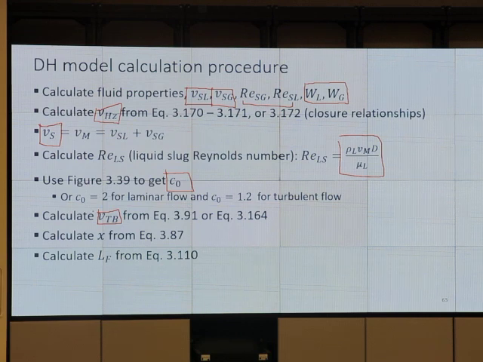Do you still remember how we get V_TB? C0 times V_m plus drift velocity. Then we calculate X. X is what? Relative velocity multiplied by some kind of rho.